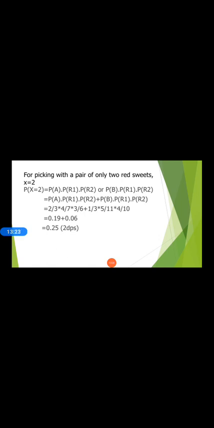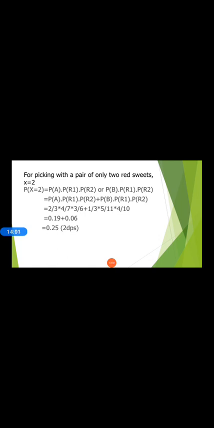We shall put in the numerical values, which is 2 out of 3 times 4 out of 7 times 3 out of 6 plus a third times 5 out of 11 times 4 out of 10. We shall calculate and we shall get the answer as 0.2522 to 4 decimal places.